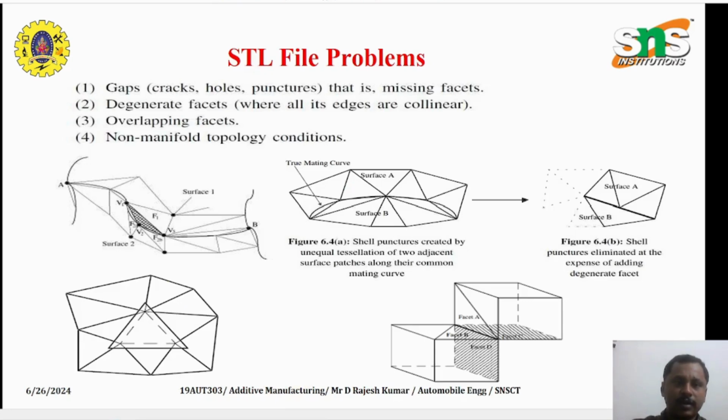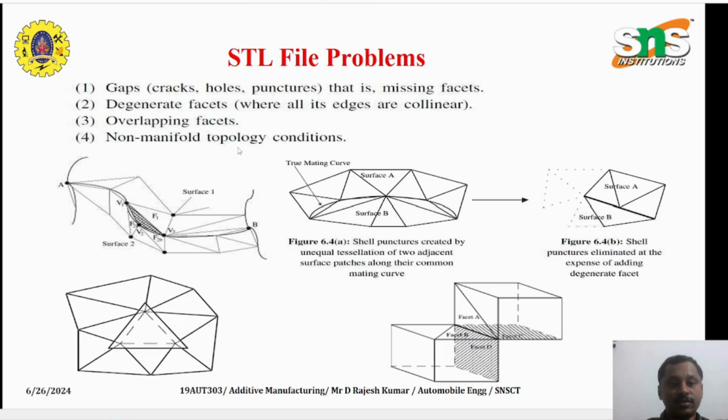Also the problems: you can see the gap, as I told in the previous slide, the gap that is missing in the facets, then degenerate facets, where edges are pulling in and the edges are not formed properly. Then overlapping facets, where one layer or one boundary is overlapped by another.